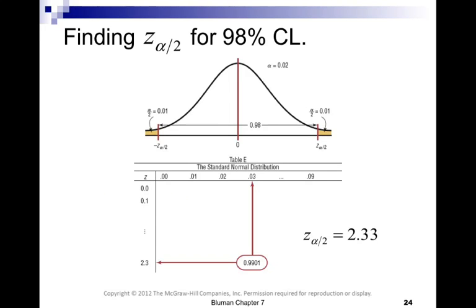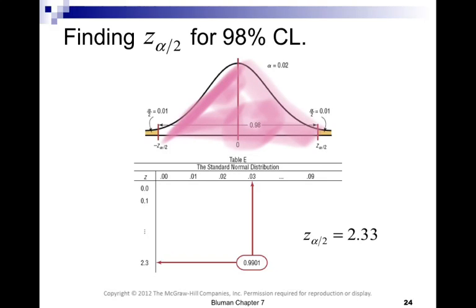All right, so here's where the idea comes from, that you have your alpha over 2. It says find z of alpha over 2 for 98%. As you can see, 98% of your data is in this part right here.